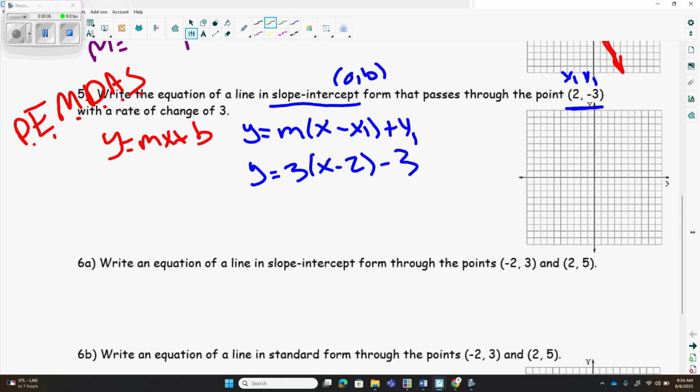All right, but this is grouping symbols. So you want to do that first. And then exponents, and you multiply and divide in that order from left to right, and add and subtract from left to right. So you just got to remember PEMDAS. So, grouping symbols. In this case here, that means I need to distribute here and here. It gives me 3x minus 6 minus 3.